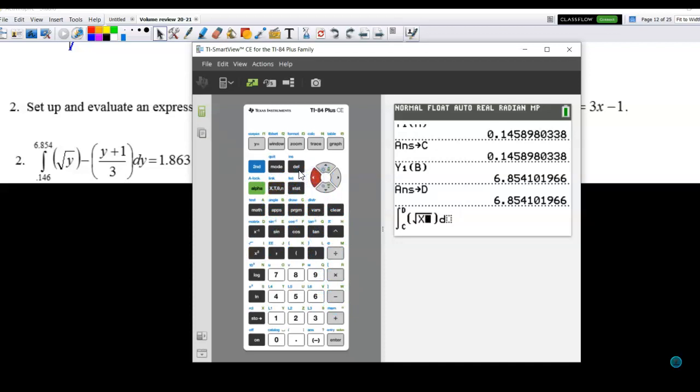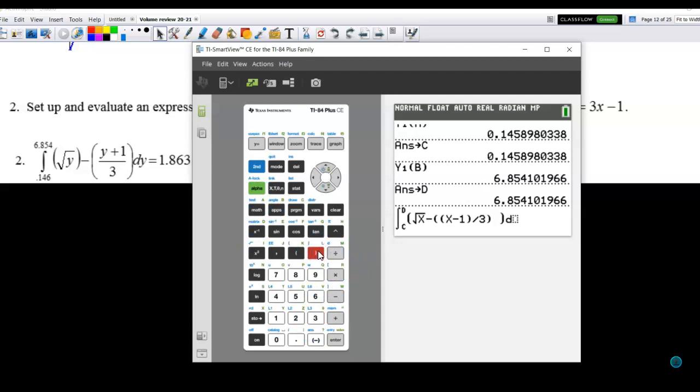Oops, get out of there, delete, arrow out of there, minus parentheses, I like to put parentheses around my numerator, so I have x minus 1 divided by 3, close that parenthesis.